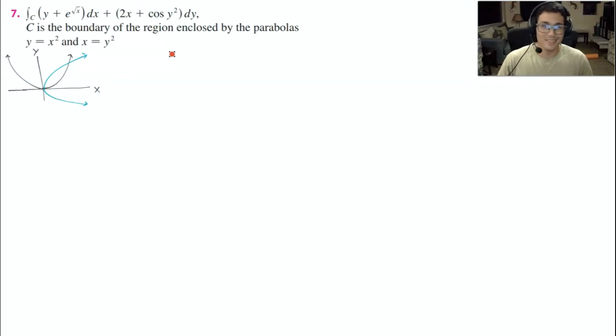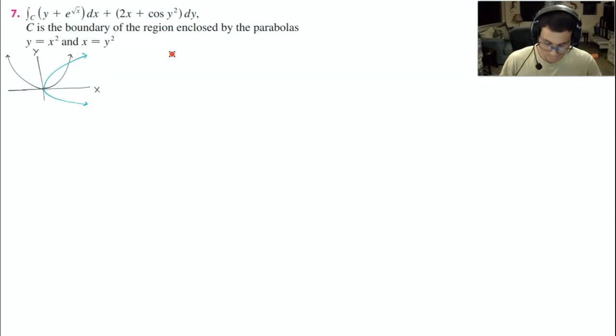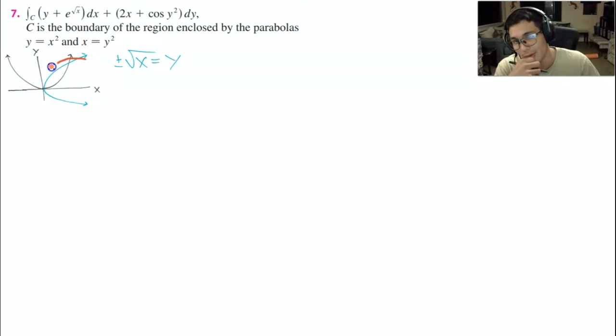I literally turned it like this, and just went like that. That's all I did. And if you don't believe that this works, you could also just do this: square root x is equal to y, plus or minus. And that would be that graph.